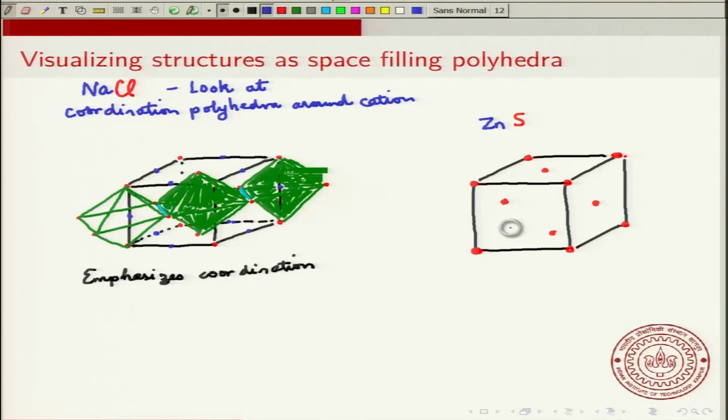There will be one here, one that is along this diagonal, so that will be somewhere here, located here.